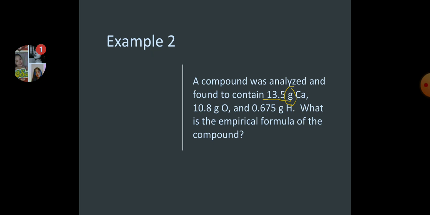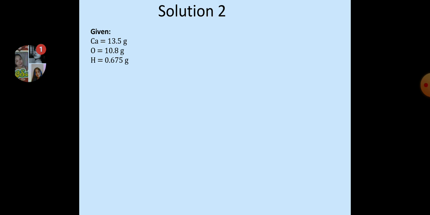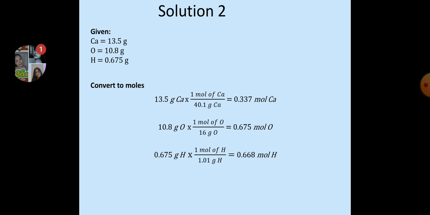Ayan, convert to moles na kaagad. So, similar lang. Titignan nyo lang itong mga molar mass sa periodic table. I hope meron kayong periodic table or pwede nyo naman gamitin yung internet. Ayan, yung mga molar mass. Just get the quotient, then, ayan yung magiging result.